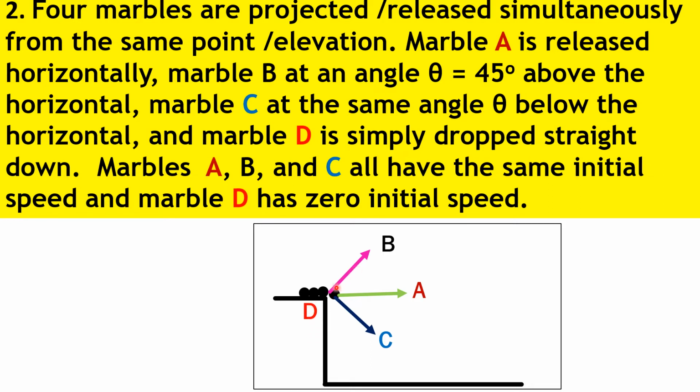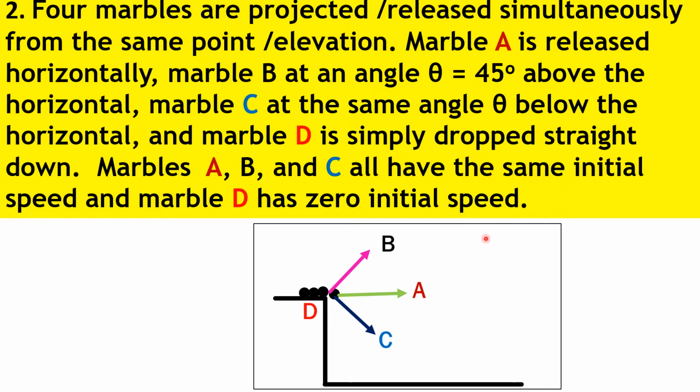So how do we analyze this? The question is still in the next slide, but at this point, because you still have here the drawing, when you say the same initial speed, all of them have the same initial speed.